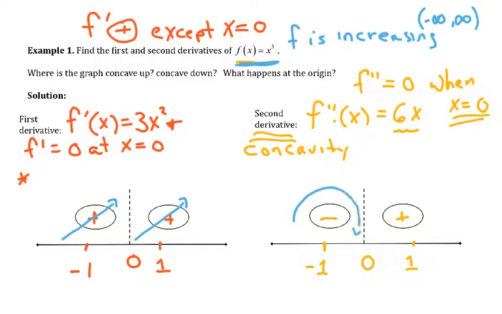Over here, because the second derivative is negative, the original function is concave down. So this would be concave down from -infinity to 0. And over here, it's concave up. And this happens from 0 to infinity.